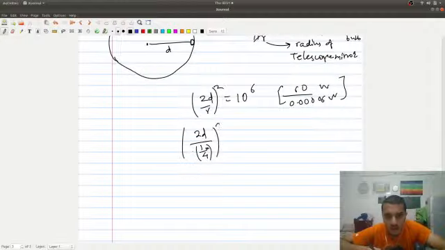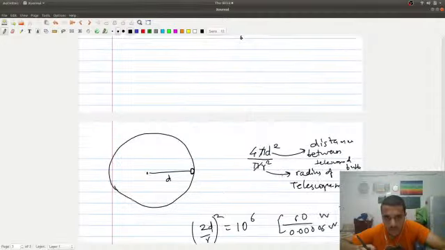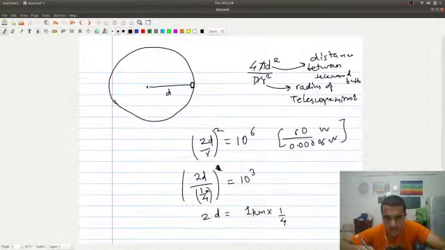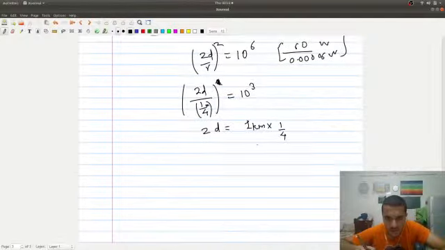And that square will cancel this square and make it 10 cube instead. So 2d is 1 kilometer into 1 by 4. Is this 2d correct? Because the last time I calculated it, I got 250 meters, so d is 125.